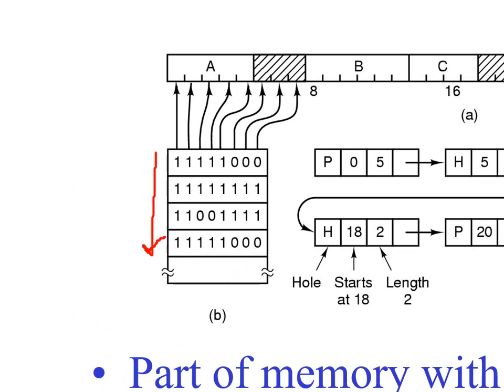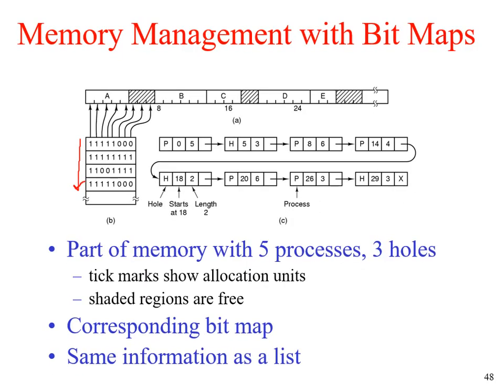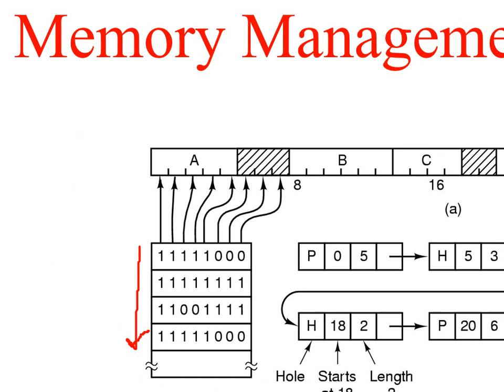And when we look at our memory allocation, it has been segmented into 8-bit segments, meaning the first segment is 8 bits, isn't it? And the first process has 5 1 bits and 3 0 bits. Can you see that? If a 1 is a write and a 0 is a no write, it means that we have 3 no writes, hence we have a hole in our memory segment.